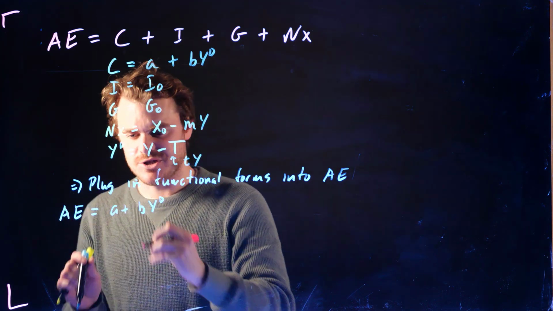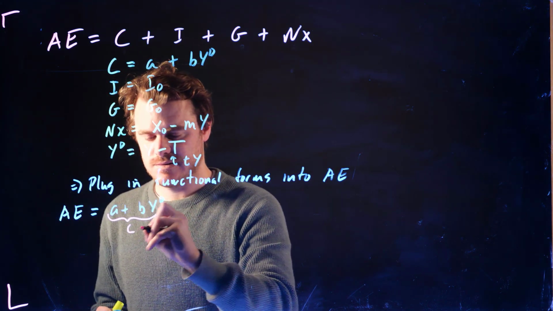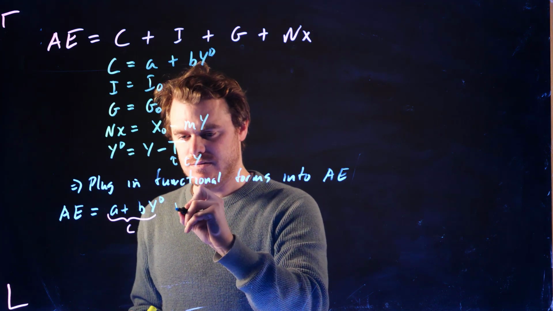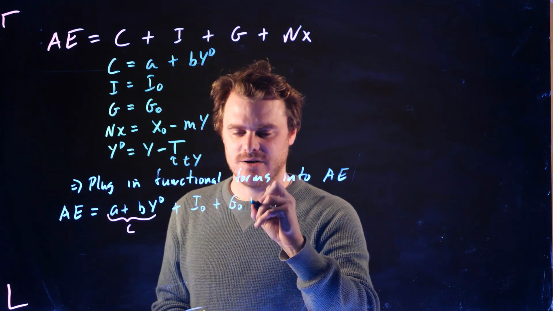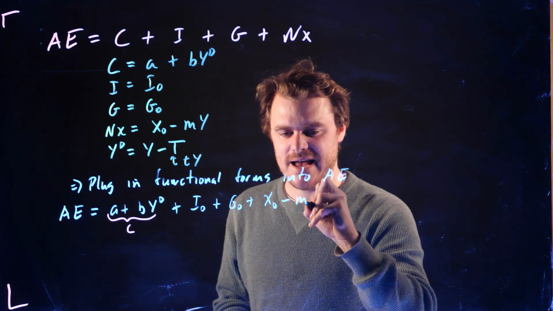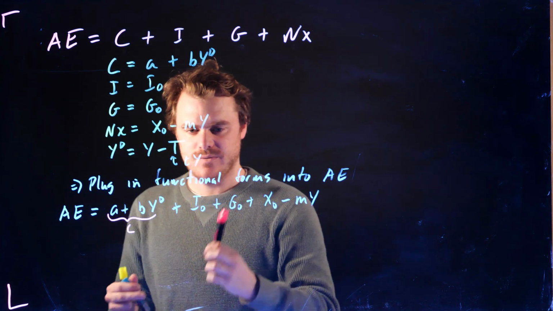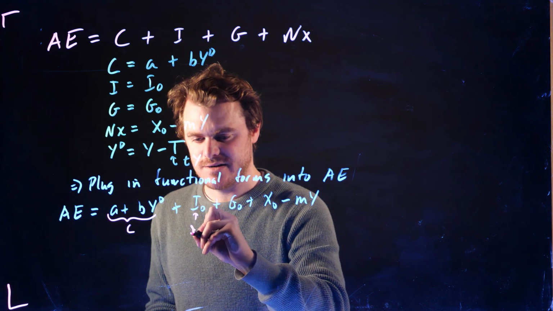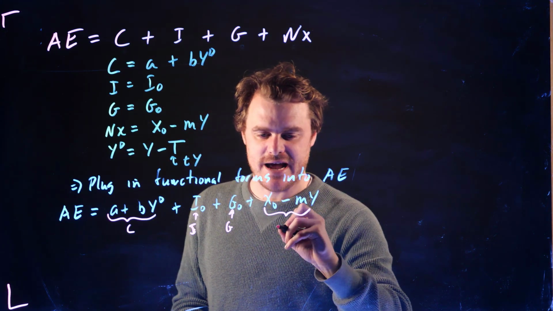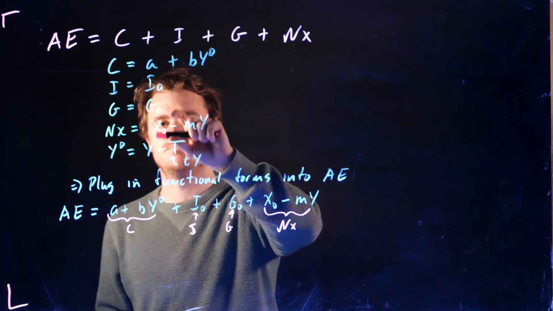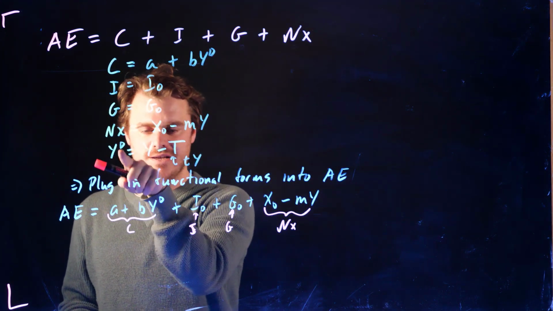This is our consumption function. Plus I0 plus G0 plus X0 minus M times Y. Or again, this is just desired investment, desired government purchases, and this is our net export function. So we're just plugging all these things in.